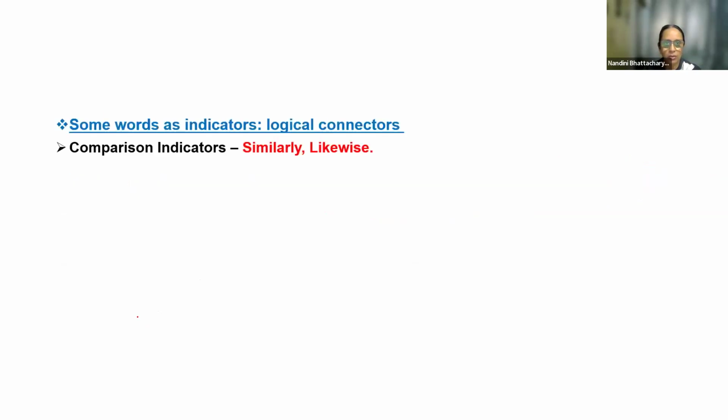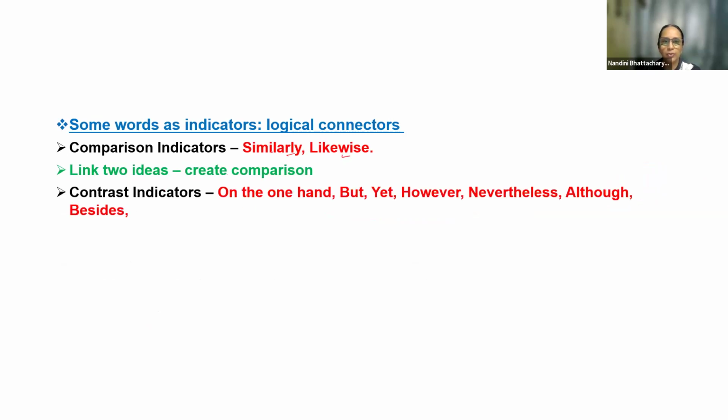When we talk about transition words, comparisons: similarly, likewise. If you have similarly or likewise, two similar ideas can be linked together. Now, contrast indicators: on the other hand, but, yet, however, nevertheless, although, besides.